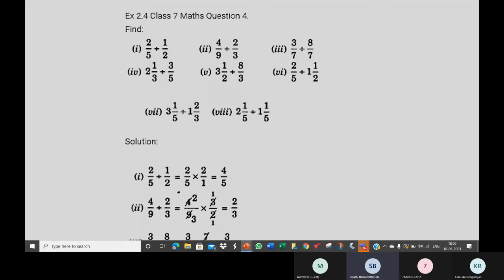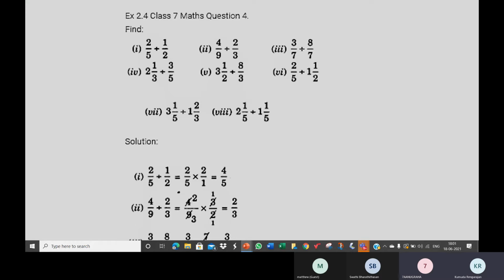No numbers can be simplified, so we can multiply directly. 7 into 3 is 21 and 2 into 8 is 16. 21 by 16 can be changed into the mixed form as 1 5 by 16. So the answer is 1 5 by 16. Very good, very good. 1 5 by 16, perfect. Very good, Swati. Anugraha?